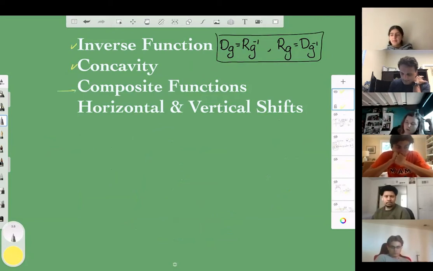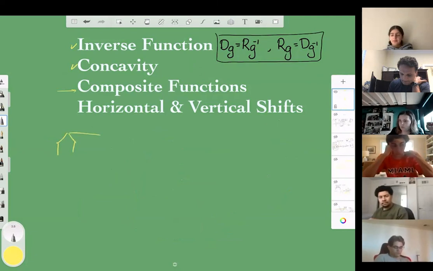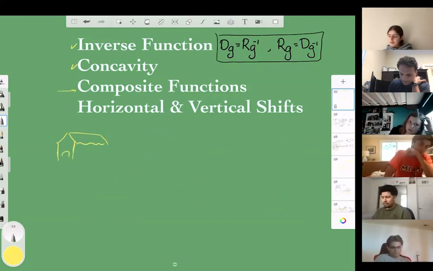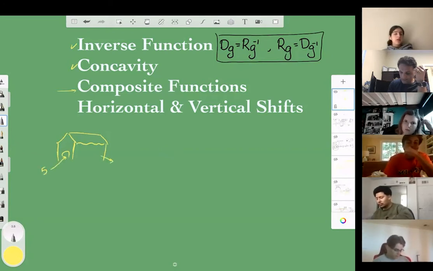Composite functions. Let's say we have a function here. Okay, this is a review from algebra. 5 goes inside, we have 10. 6 goes inside, we have 12. 7, we have 14.